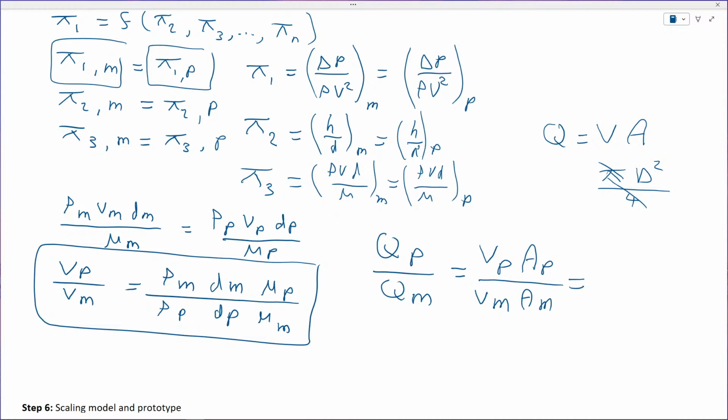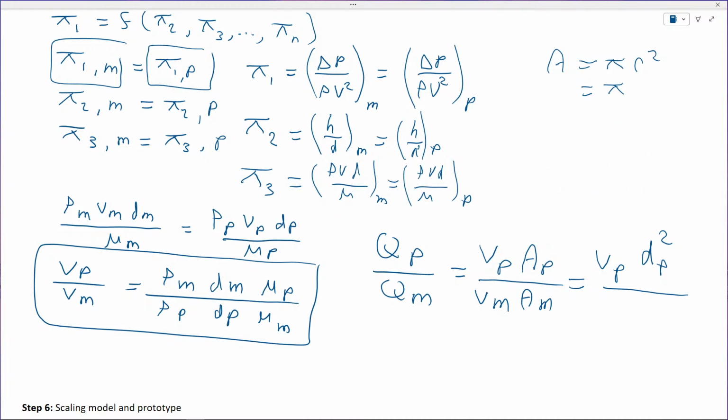So this will go with this, and basically you get V P times d prototype squared, because remember, the area is pi r squared, and r is d over 2, squared.